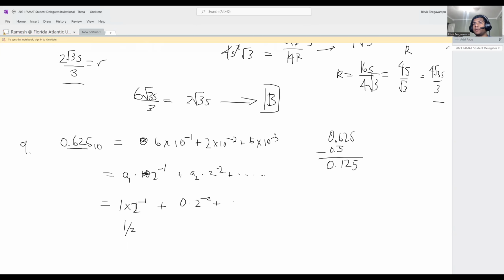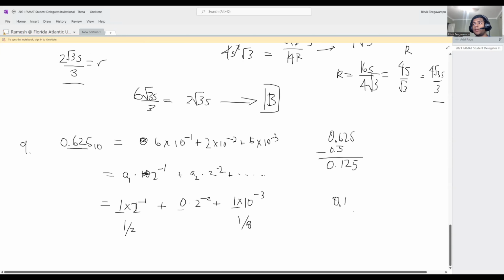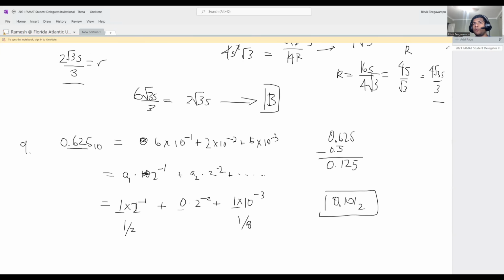And actually, coincidentally enough, this is precisely 2 to the negative 3. So we're going to have that bit activated for 2 to the negative 3. This is 1/8, which is 0.125. So therefore, our binary expansion for this is going to be 0.1, then 0 for this bit, then 1. So 0.101 in base 2, which corresponds to answer B.